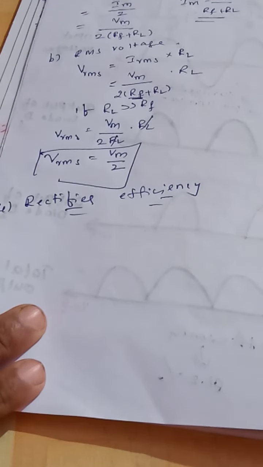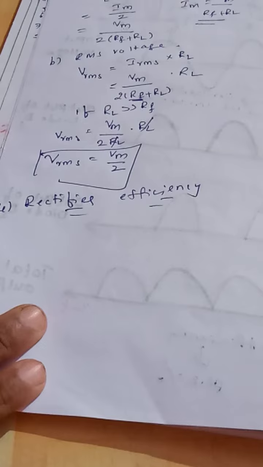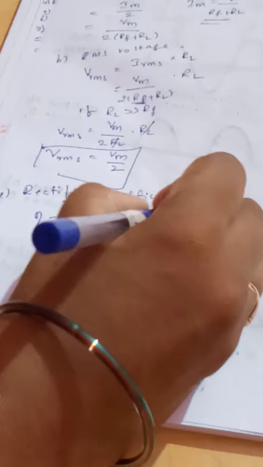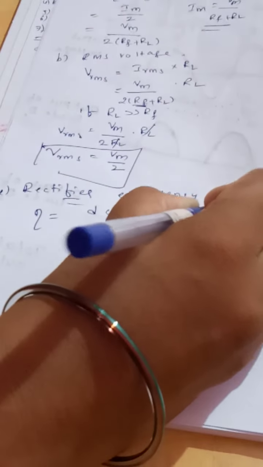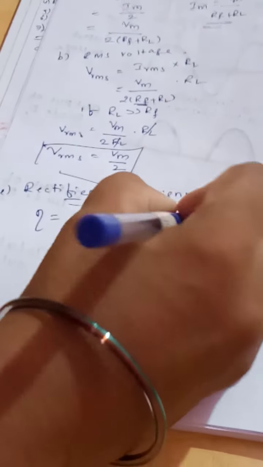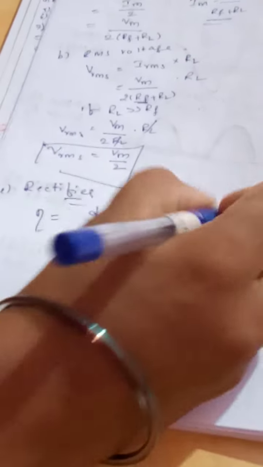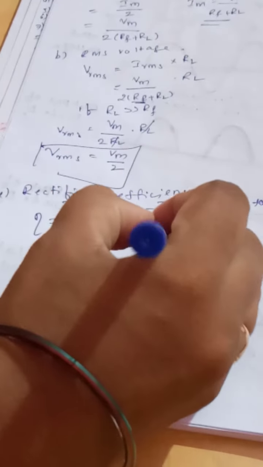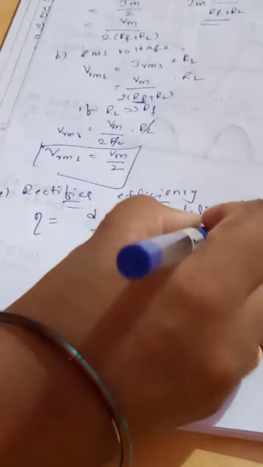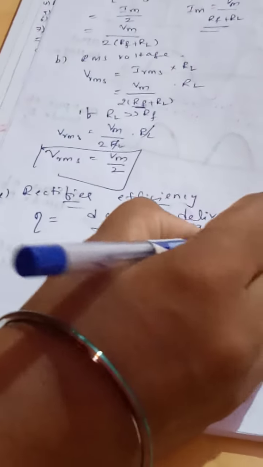So the formula of rectifier efficiency is eta equal to DC power delivered to the load by AC input power, or output power by input power, we can say.